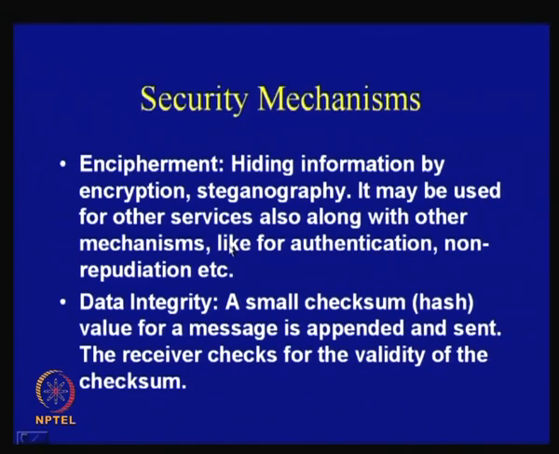It may also be used for other services, along with other mechanisms, like authentication and non-repudiation. The objective of encipherment, as we will see in our course, is mainly to provide confidentiality of information, but with other mechanisms it also helps us achieve the goals of authentication or non-repudiation.